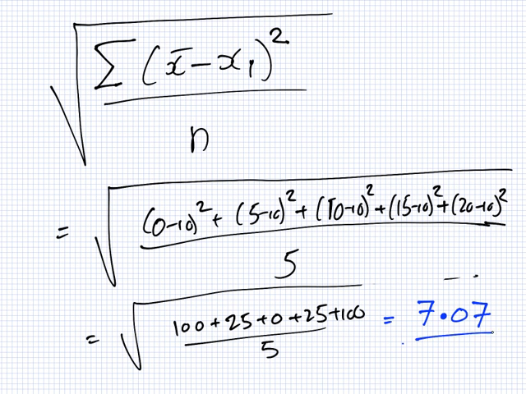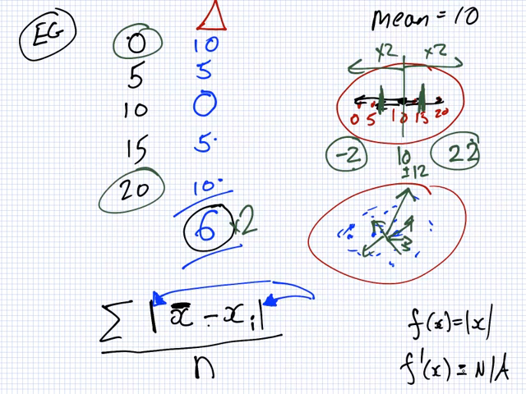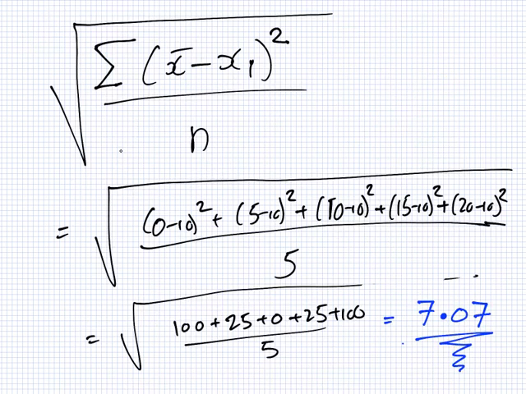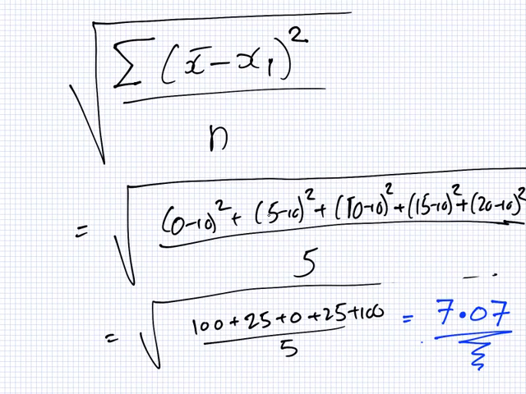Now, I know that's not exactly the same as what we got previously. Previously we got 6. It's not too bad. And the good news is, the bigger your data set is, by that I mean the more points you have, the closer it is. So although this formula looks a bit strange, it's given us roughly the same answer as a moment ago, but it has much more useful maths properties.